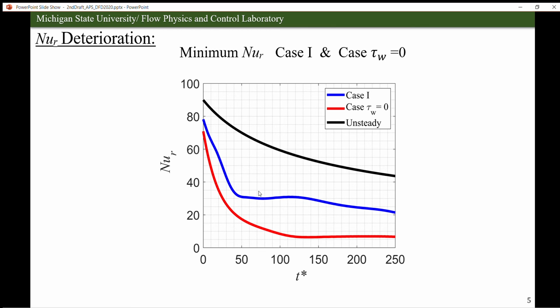We also note that case tau equals 0, the red line, exhibits lower Nusselt number values. This result is rather surprising, as it shows that in the absence of boundary layer separation, the heat transfer deterioration due to the vortex wall interaction is worse than if the separation occurred.